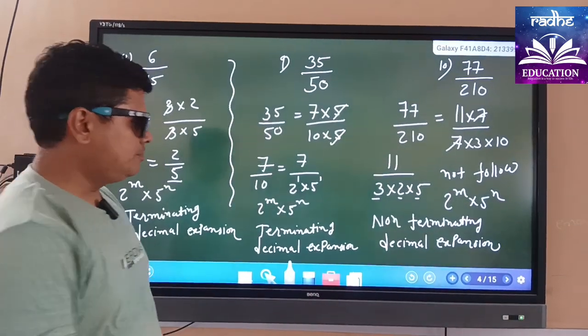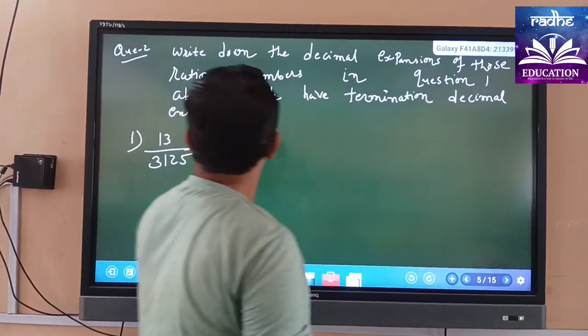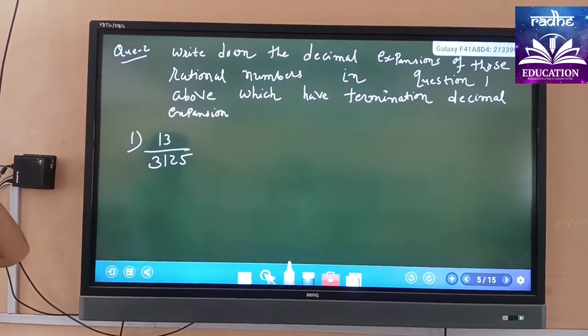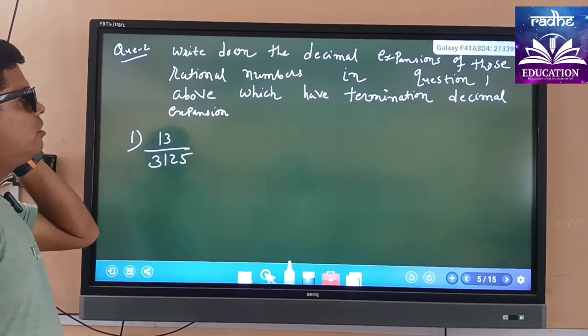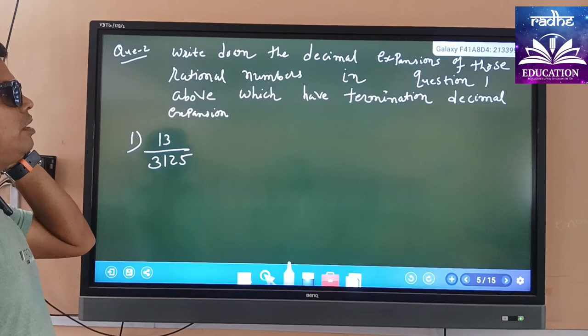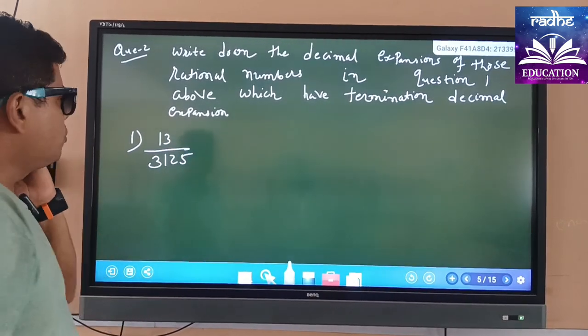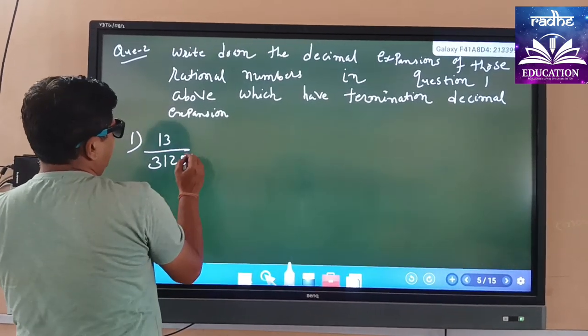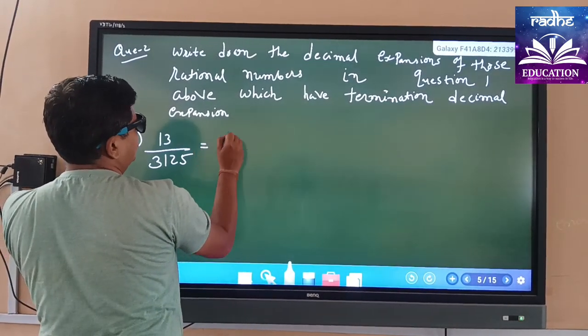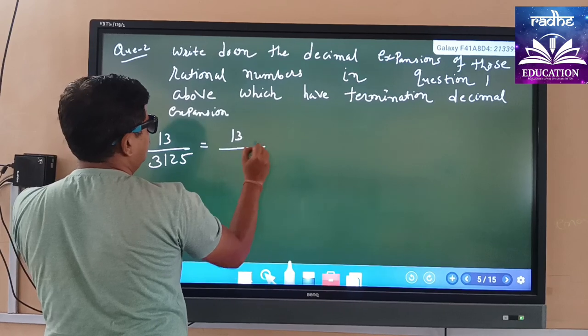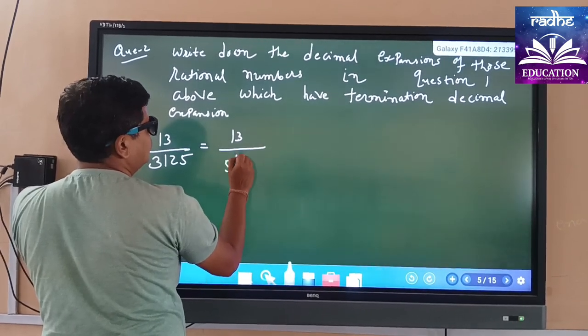I hope you understand. Now write down the decimal expansion of those rational numbers in question number 1 above which have terminating decimal expansion. So how to do that? We have here 13 divided by 3125, that is 5 raised to 5.